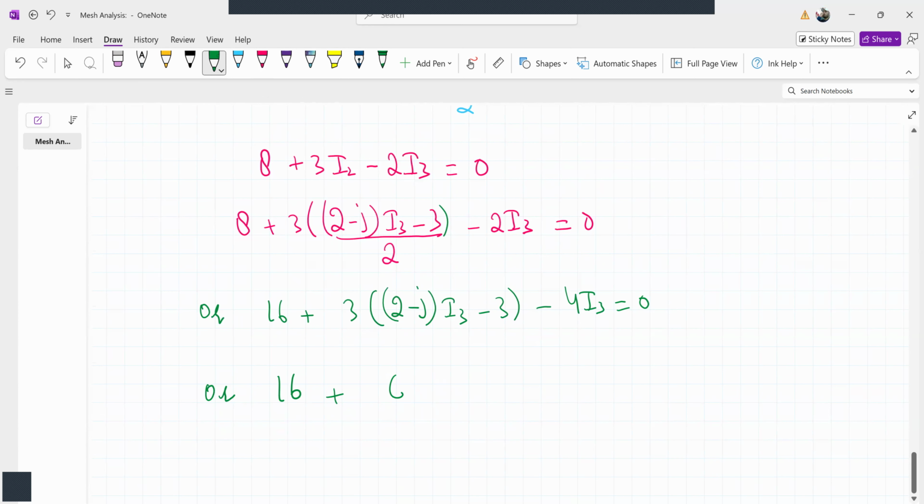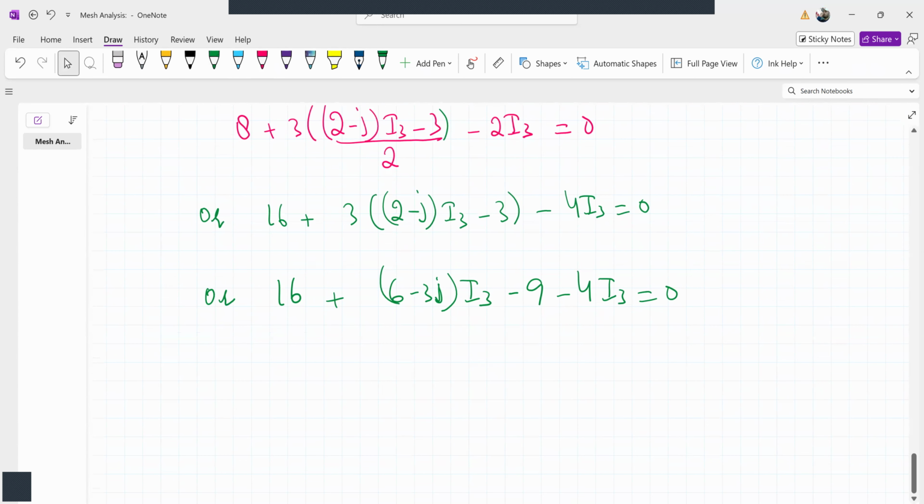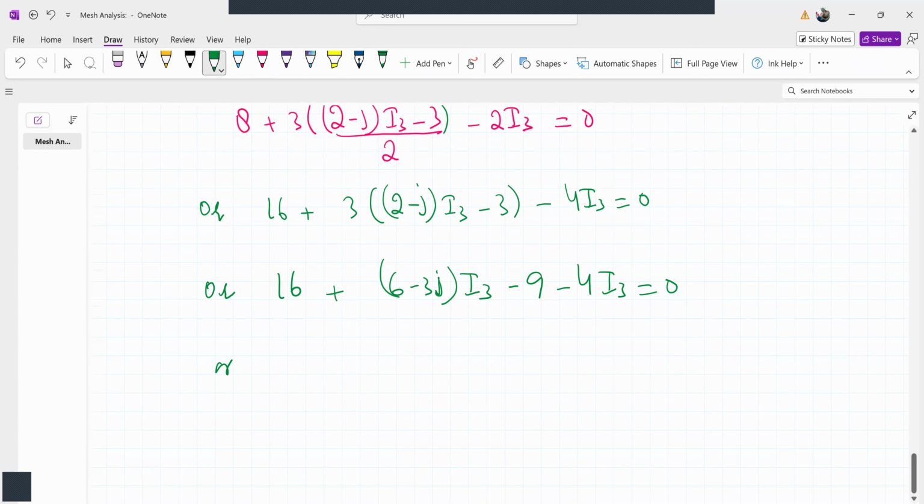So this is 6 minus 3J multiplied by I3 minus 9 minus 4 I3 is equal to 0. So 16 minus 9 is simply how much? 7, plus 6I3 here minus 4I3, that will be 2 minus 3J I3.